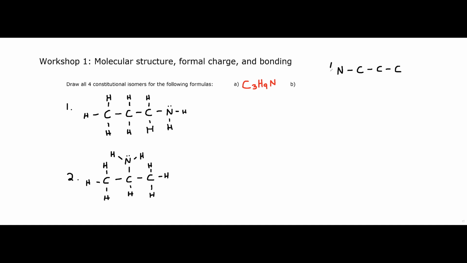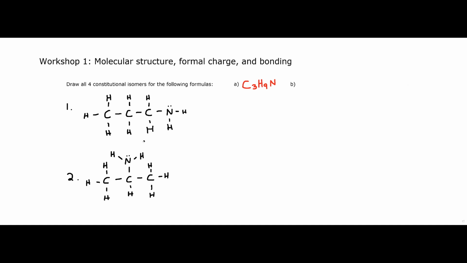Hopefully you remember that this is the same as number 1 here. It's just flipped over or turned so that the nitrogen is on the left side instead of the right side, right? It's the same molecule if we draw the nitrogen on the first carbon or the 3rd carbon. So it doesn't matter which one we choose. If a nitrogen is on either end of this 3-carbon chain, it's the same molecule.